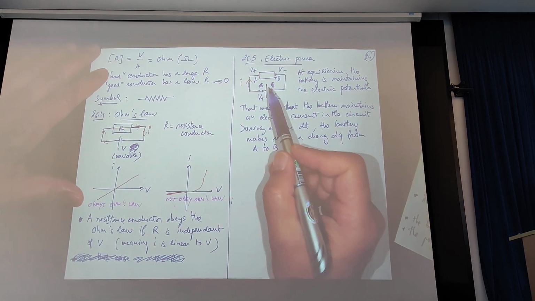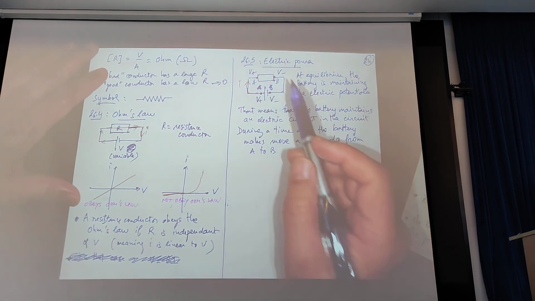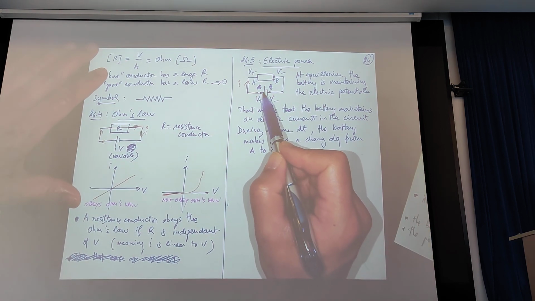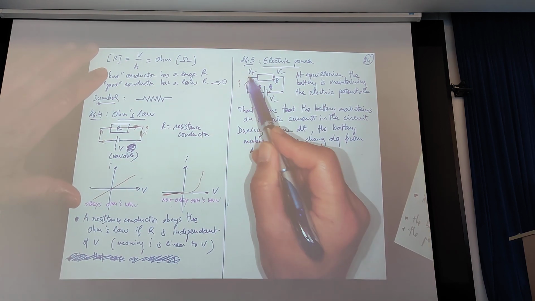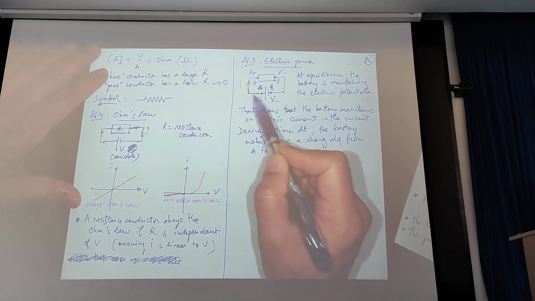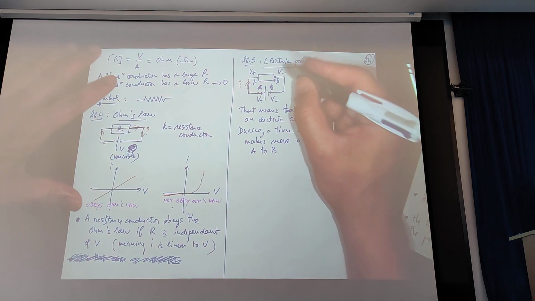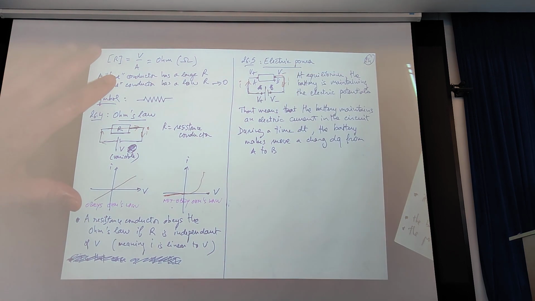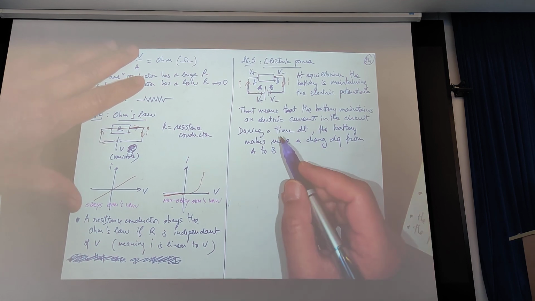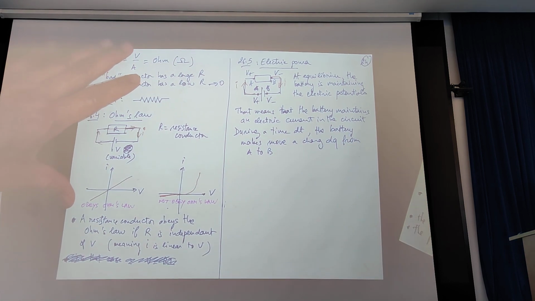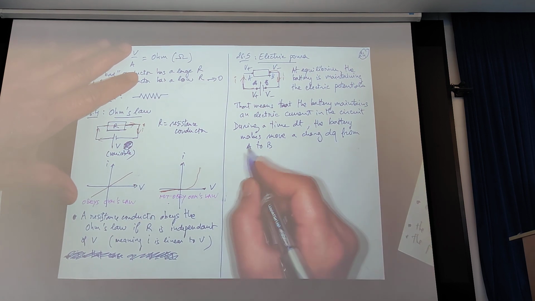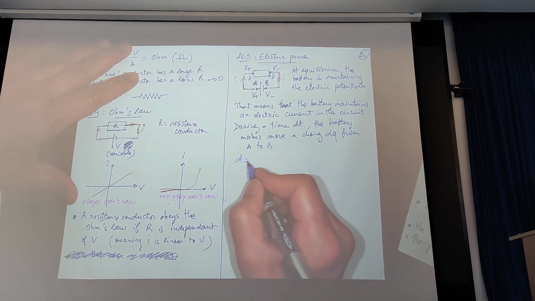So to maintain the difference of potential V plus and V1, the battery needs to add a lot of charge to here and to take a lot of charge from here. You understand? During, let's say, okay.